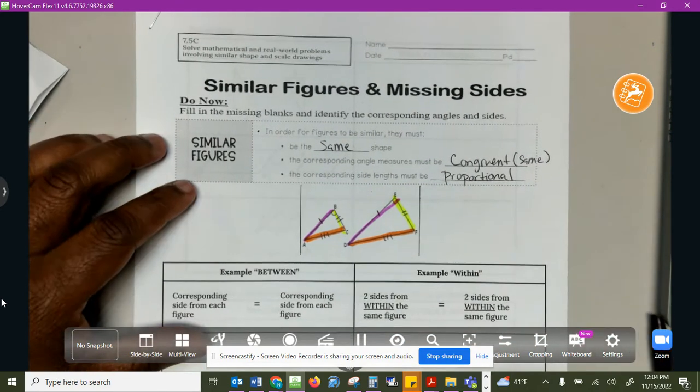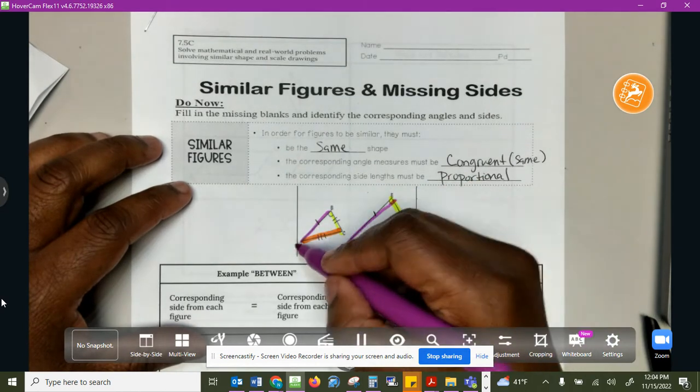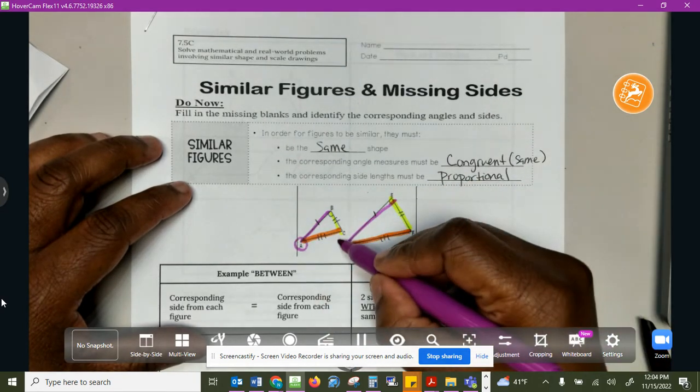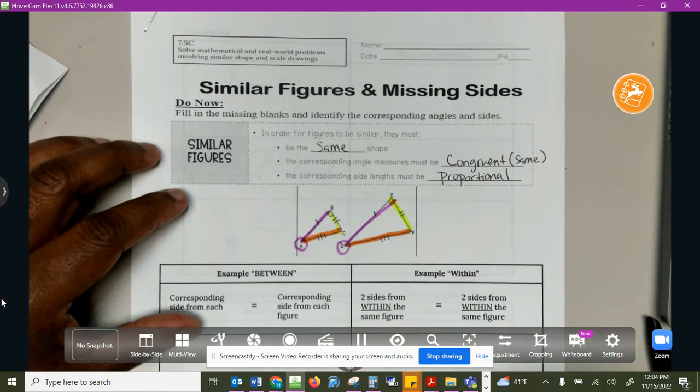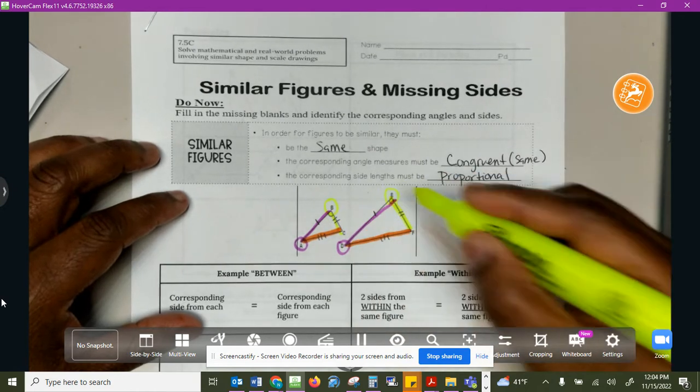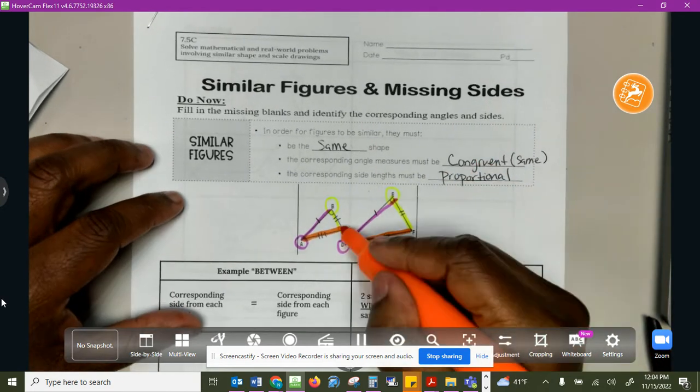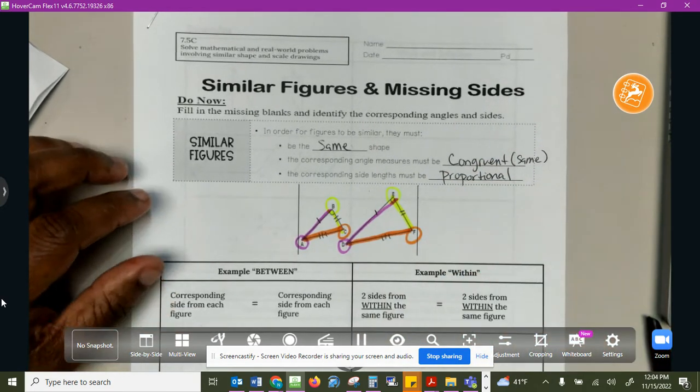And for the angles, we know here angle A will go with angle D, angle B with E, and C with F.